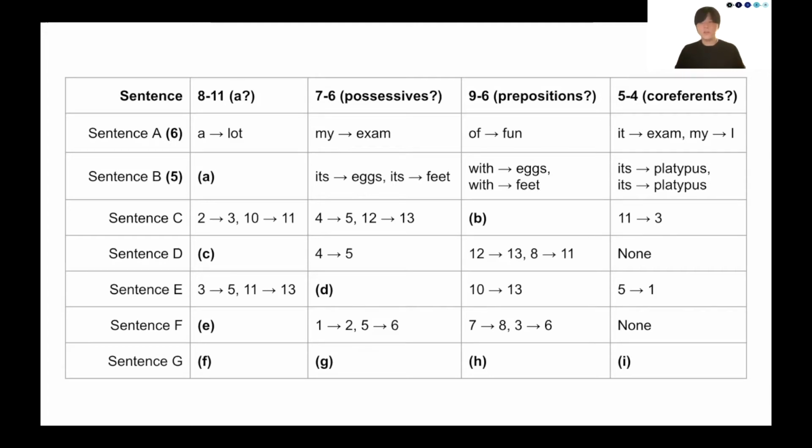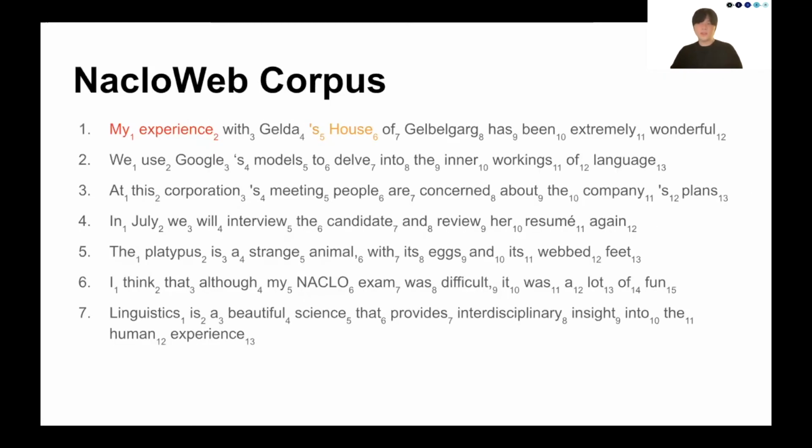From here, all we have to do is to pick another cell, and I'm going to stay in the 7.6 column again, and this time look at sentence F. This time, we need possessive pronouns in positions 1 and 5, and possessed things in positions 2 and 6. And going back to the corpus, we know it must be sentence 1 because no other sentence begins with anything like a possessive pronoun.